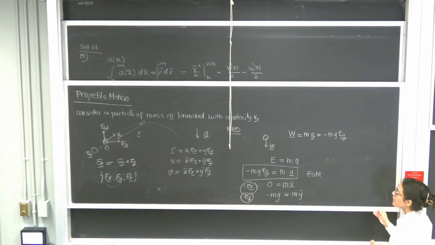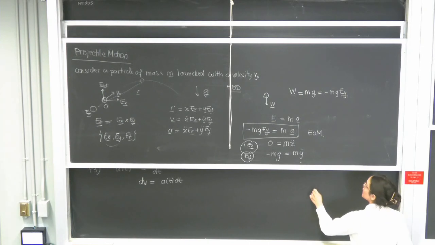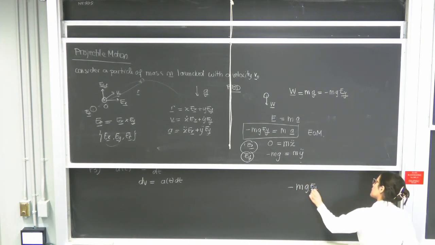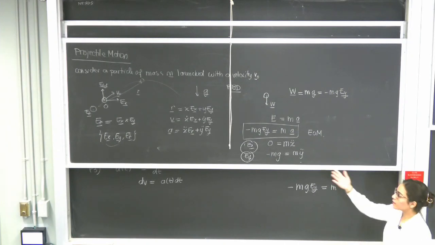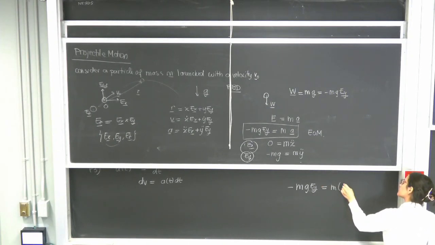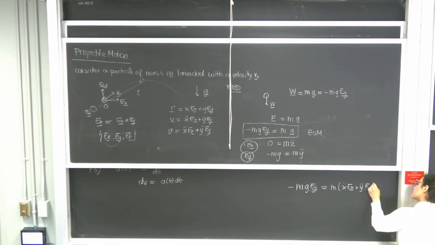Sure. So this is the equation I have, right? Minus mg Ey is equal to ma. A is x double dot Ex plus y double dot Ey, right?